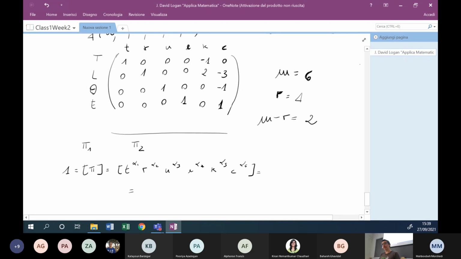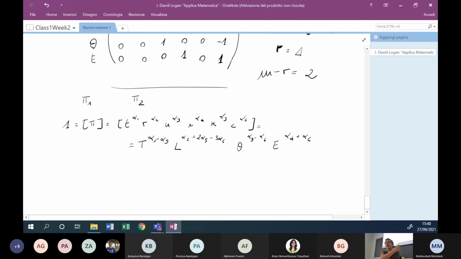Allow me to skip this passage because it's trivial. So what I would have is t to the power alpha 1 minus alpha 5, L to the power alpha 2 plus 2 alpha 5 minus 3 alpha 6, theta to the power alpha 3, I hope that there is no mistake here, alpha 6, and e to the power alpha 4 plus alpha 6. Now, you remember, what's the idea now?